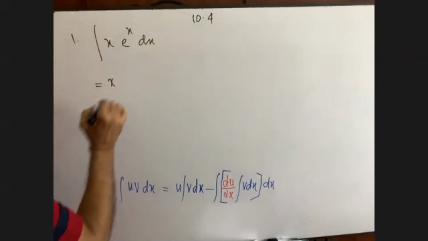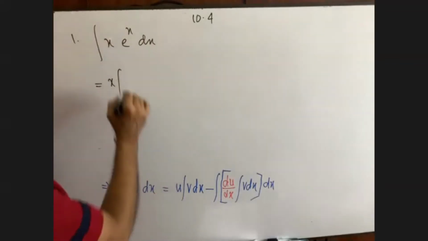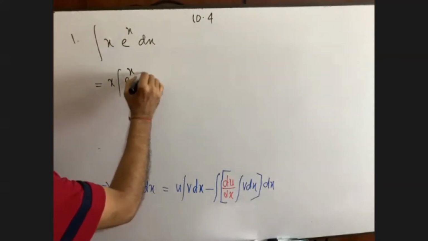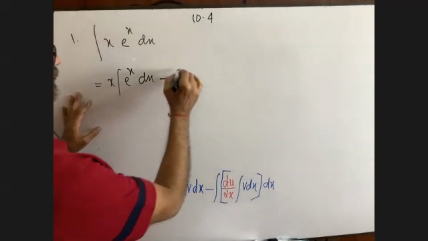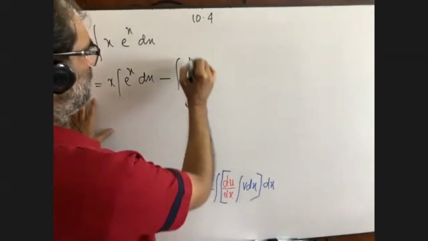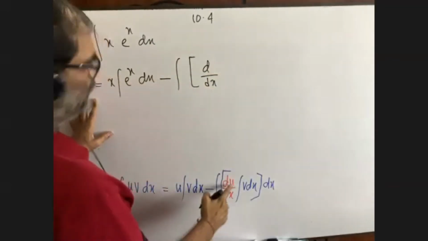You write down x integration sign v, where v is e^x dx, as I told you. Then minus integration sign, second bracket, d by dx of u.